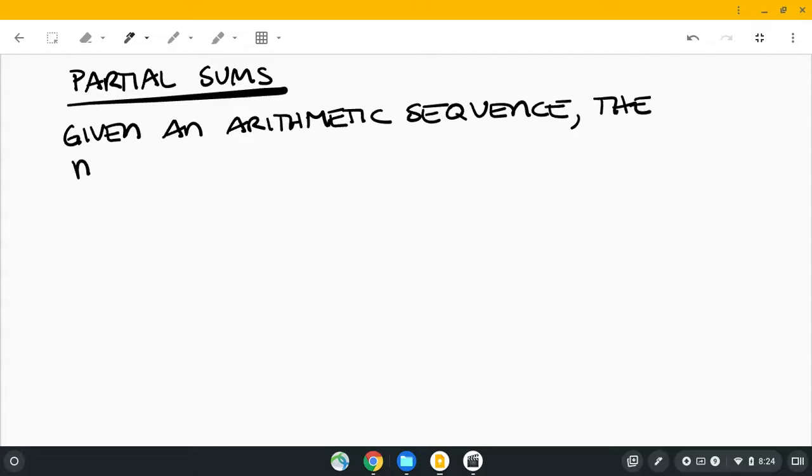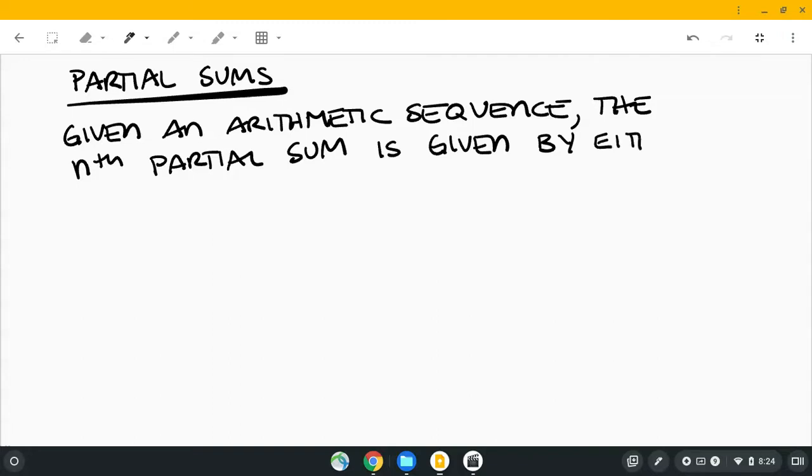All right, so given an arithmetic sequence, the nth partial sum is given by, and there's two ways to write the formula, so it's up to you to decide which one you prefer.